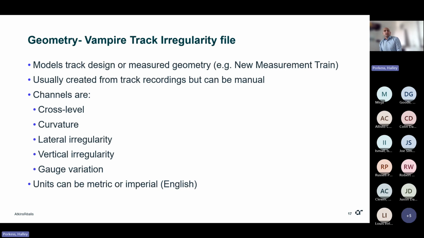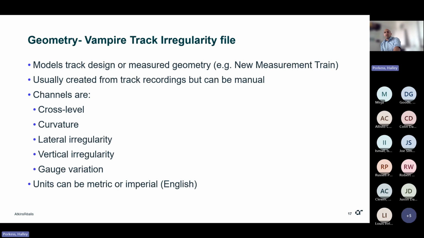The other part of this is the track irregularity file. This gives you the deviation from perfect for your track. So usually we will get information from track recording cars, such as the New Measurement Train, and we'll process that to give the output channels Vampire uses. So we've got cross-level, curvature, lateral, vertical, gauge irregularities.